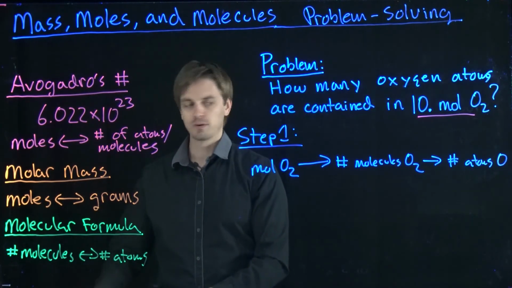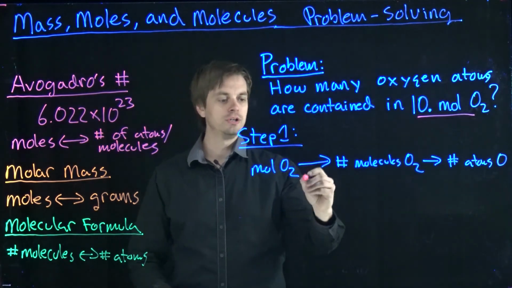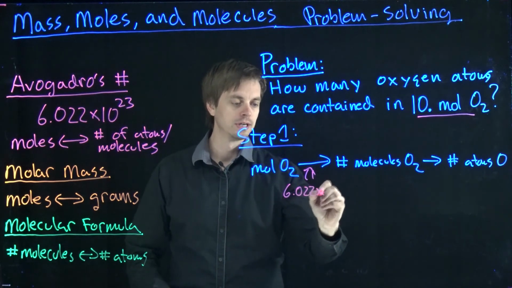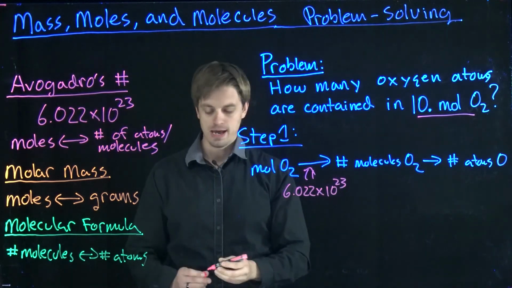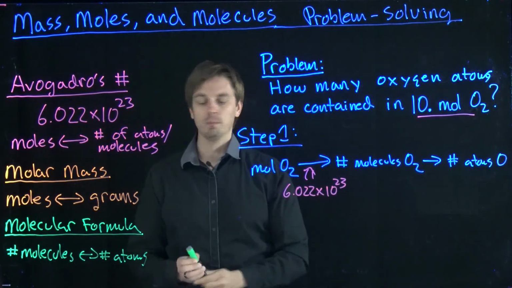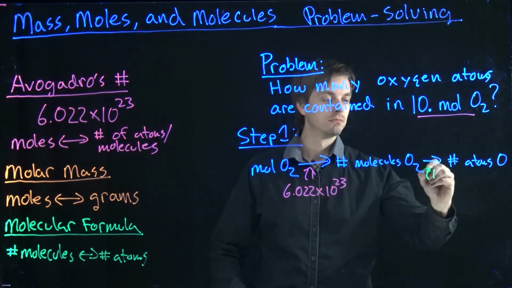So writing in the conversion factors we're going to need here, we're going to use Avogadro's number, 6.022 times 10 to the 23rd. And for our next step here, we are going to need the molecular formula itself.